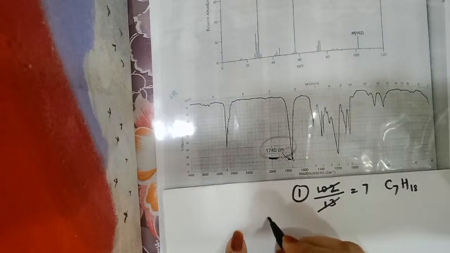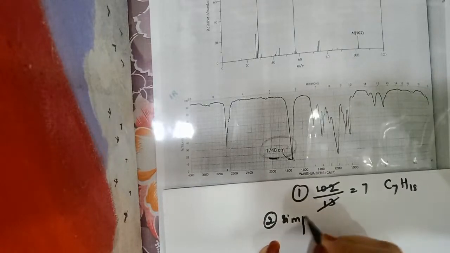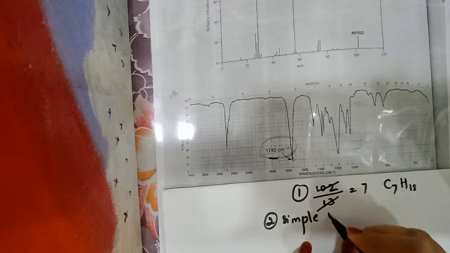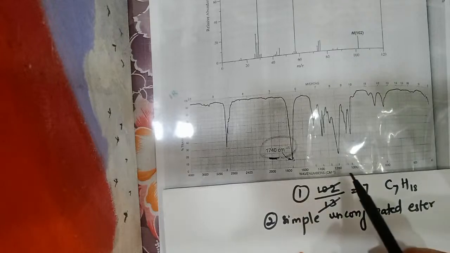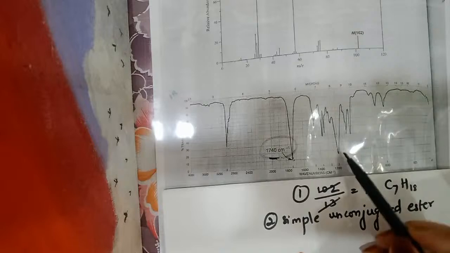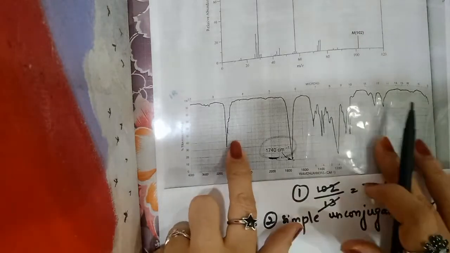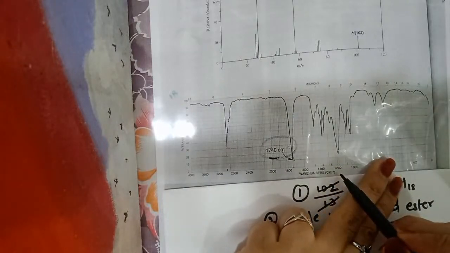The second thing, simple unconjugated ester may be present in this compound. The next over here at 1200 centimeter inverse, that is over here, this value is 1200.